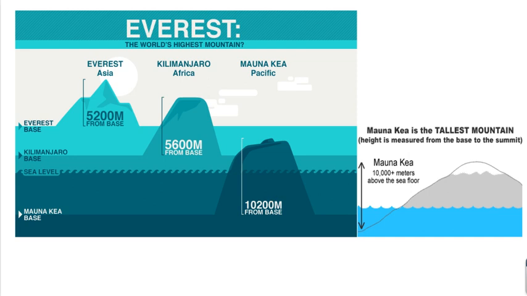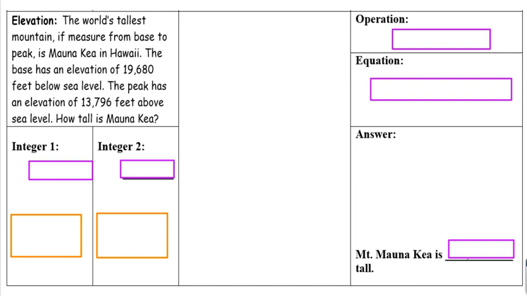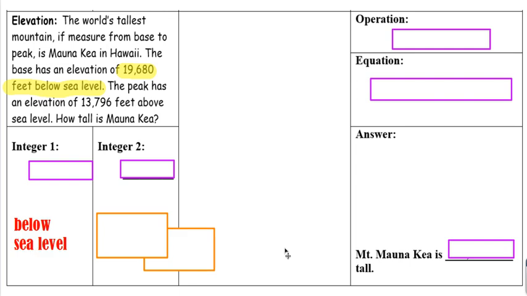Okay, so we learned something new, but let's learn some more. With our 5-step process, the first thing we need is to identify the integers. It says the elevation is 19,680 feet below sea level. We know what it means when it's below sea level.